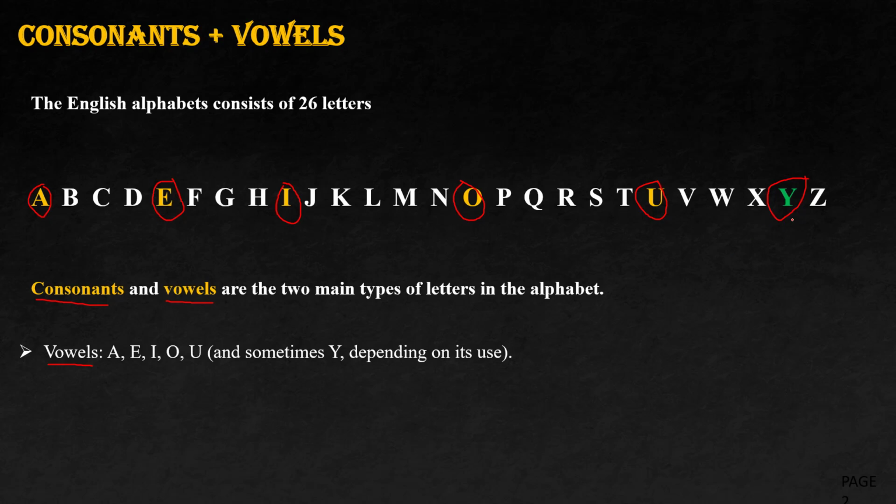Let's see an example to understand this. If I consider Y-O-U, it's you. It directly represents you, right? This is one example.